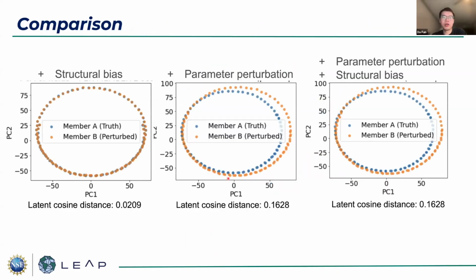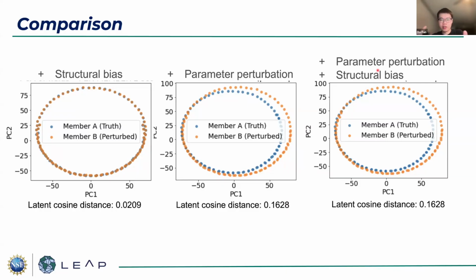Okay, then let's put all these experiments together. You can see when we added the structural bias to the model, their latent space representations are almost the same. But when we add parameter perturbation or add both, their latent space representations change a lot.